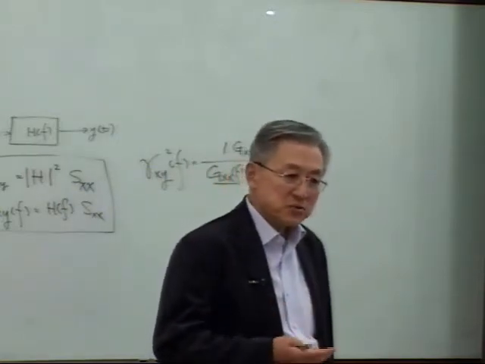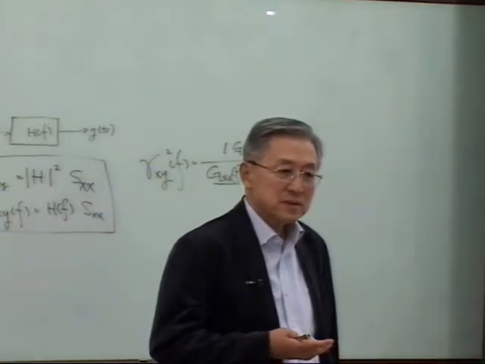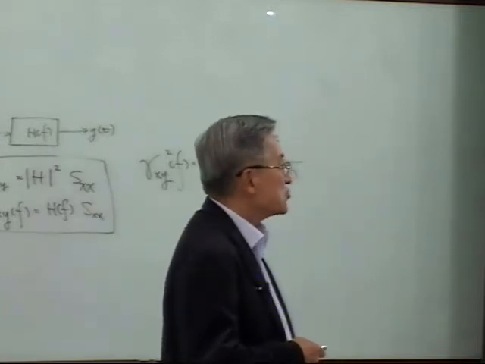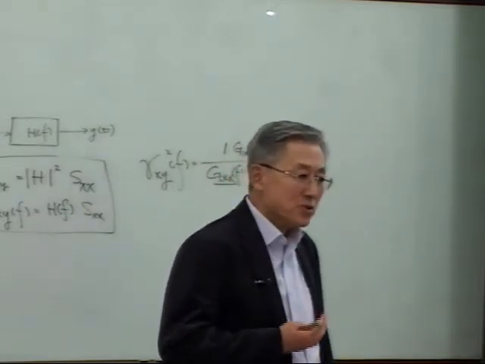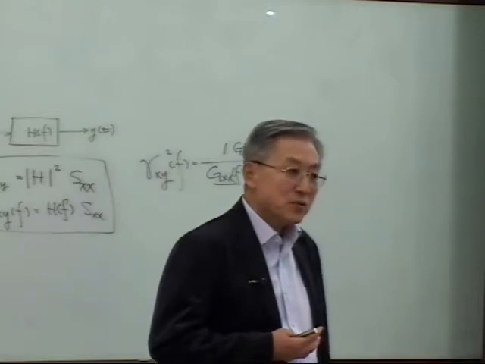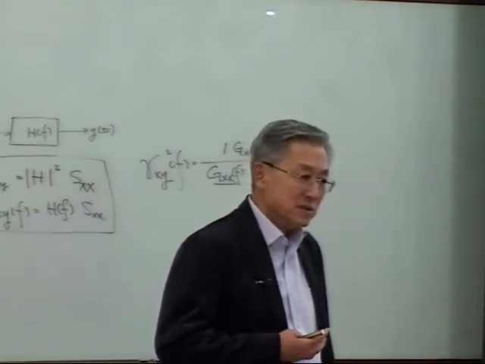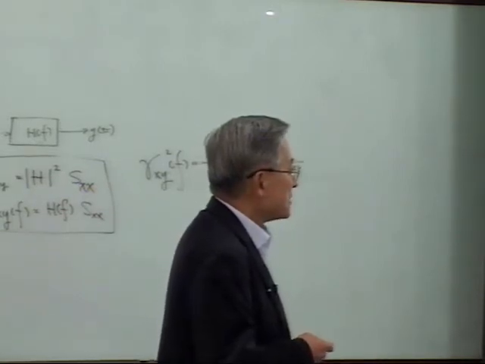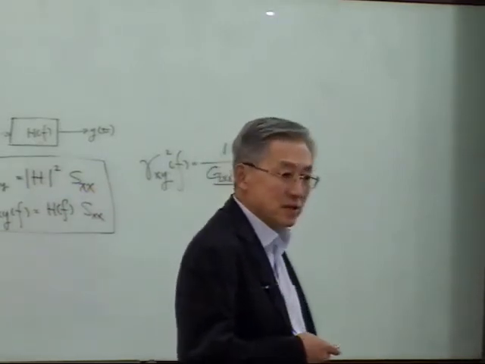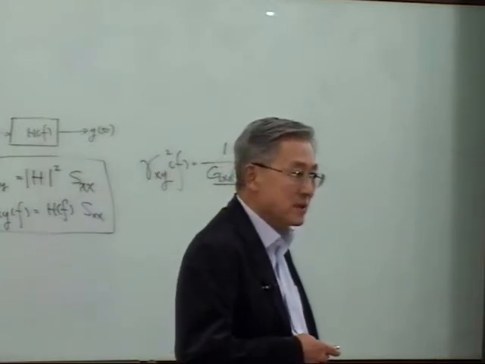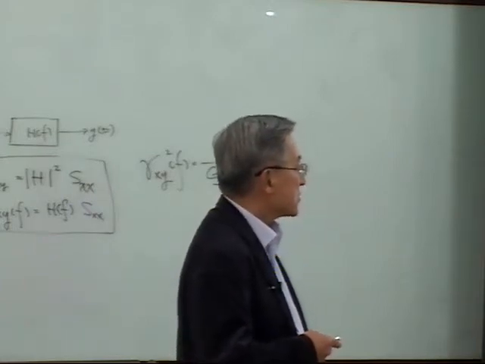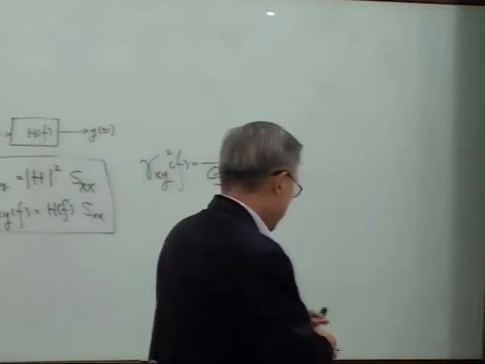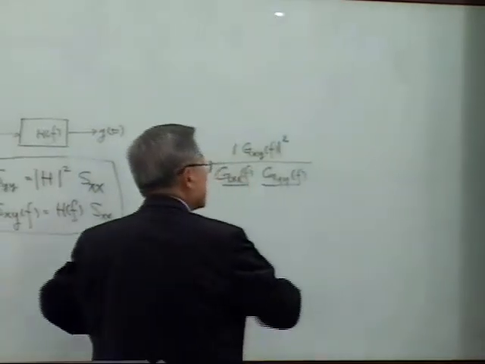Is it measurable? Yes or no? Yes, measurable. Then GNN, which is the noise spectra. Can you get the noise spectra? Yes, you can, because you know this function, you know that function, then GNN is calculatable, right? If you switch around here, GNN, in the frequency domain, GNN is equal to what?